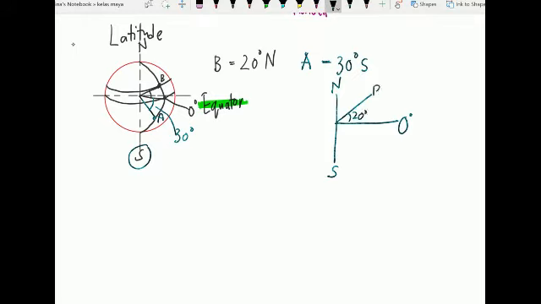This will be B, because it is north. While for A, I'll use the same ink, hopefully you can understand. A is 30 degrees south, so it will be below, 30 degree from the equator. So remember for latitude, you must read it from the equator, upper or below.